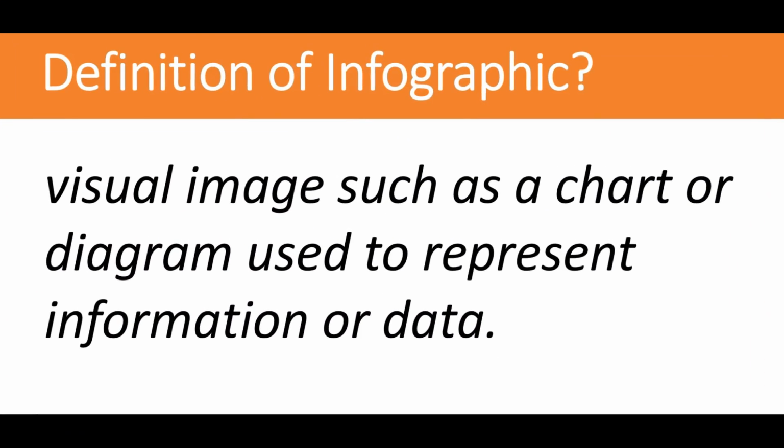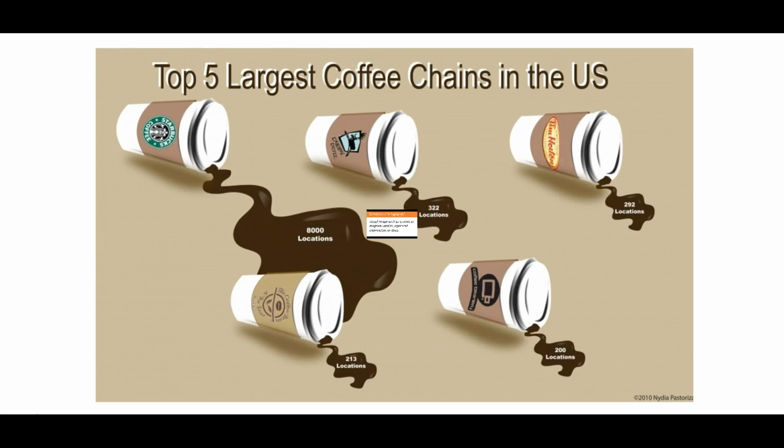According to Oxford dictionaries, an infographic is a visual image, such as a chart or diagram, used to represent information or data. Here is an example of an infographic.